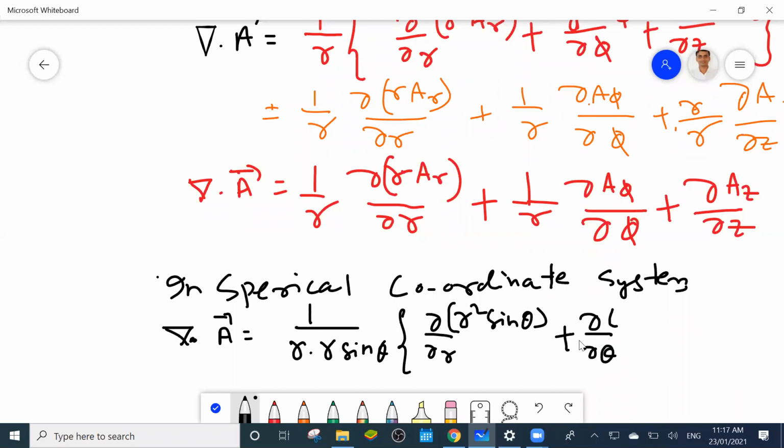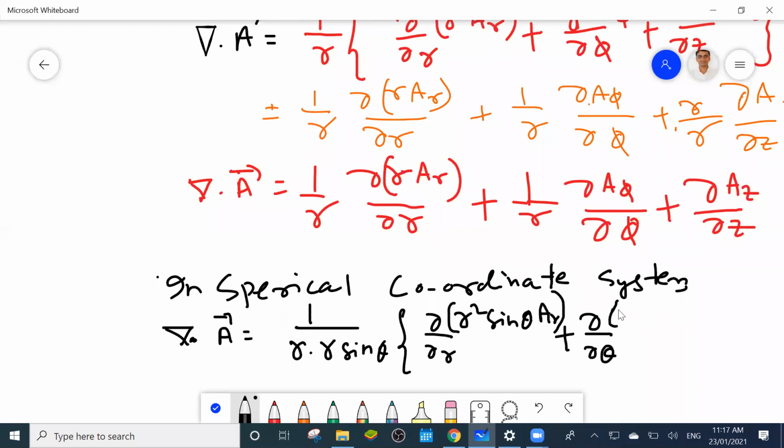What is the value, sir, of R square sin theta A R? In the first term, R square sin theta A R. Yes, that one, R square sin theta, is only the H2 and H3 value. So this one is sin theta A R. This is the component.